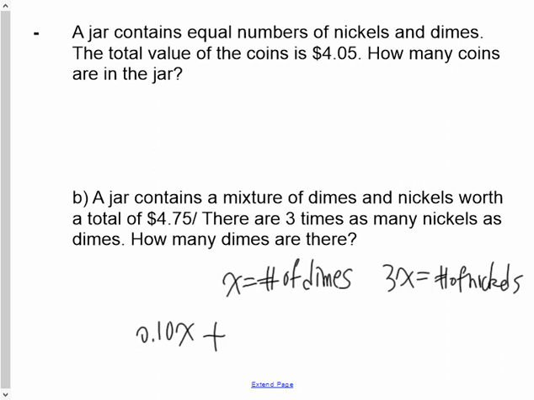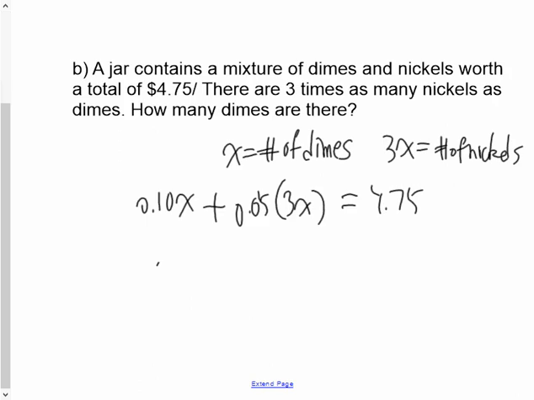So if there's X number of dimes, and there's 3 times as many nickels, then the number of nickels is 3x. And together, that is going to equal $4.75. So here, I'm going to simply keep this as 0.10x plus, when I multiply this out, I'm going to get 0.15x will equal 4.75.